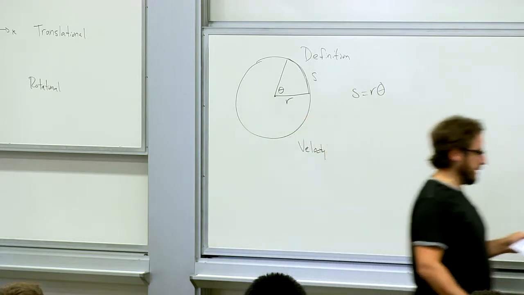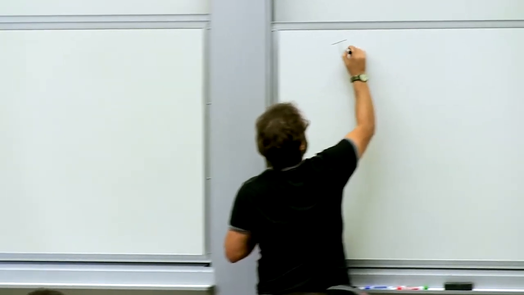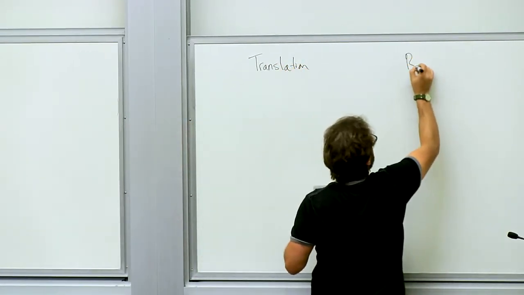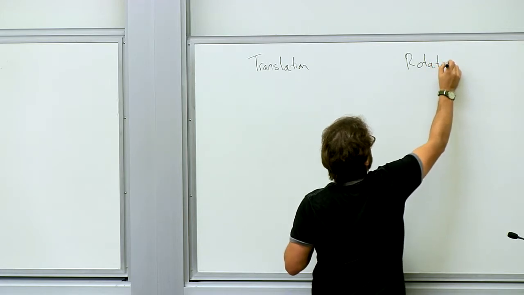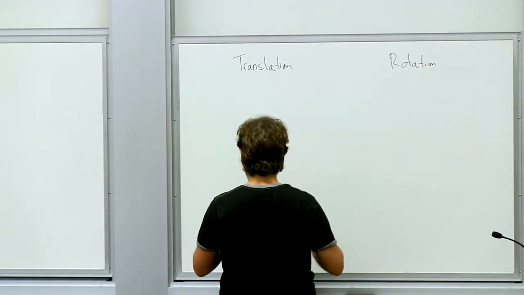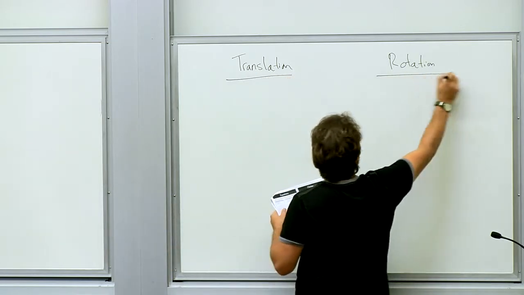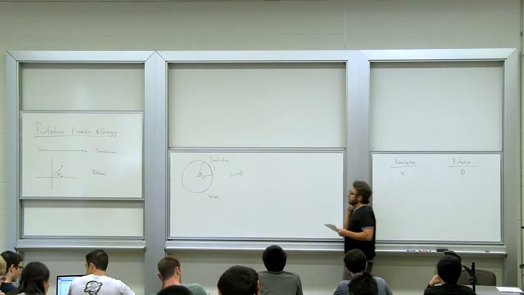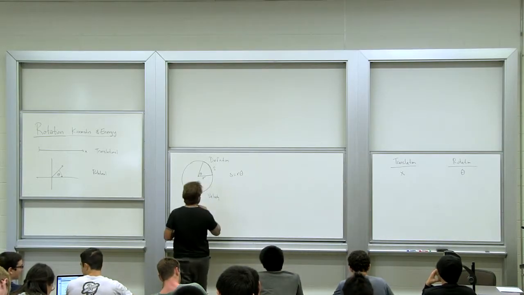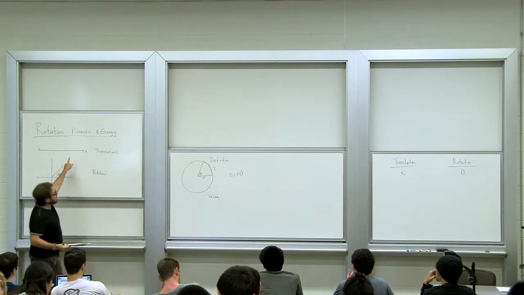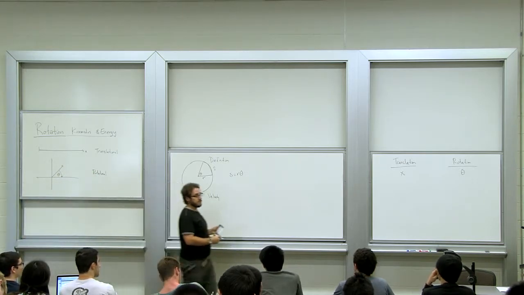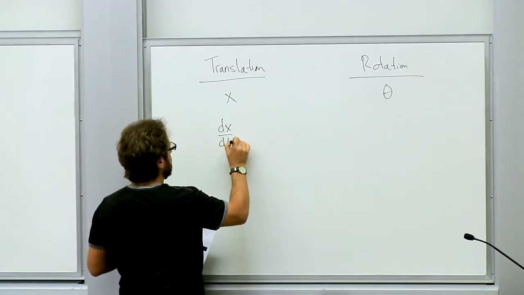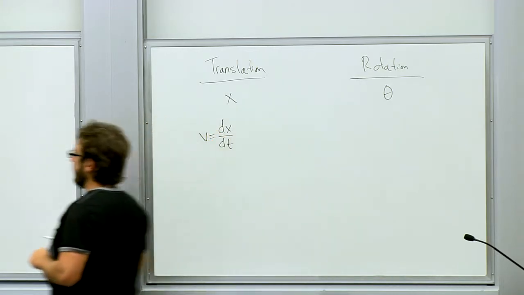Over here we'll keep track of rotation. We have a coordinate x, which over here becomes theta. So what about velocity? Well, in translation, velocity is dx/dt.